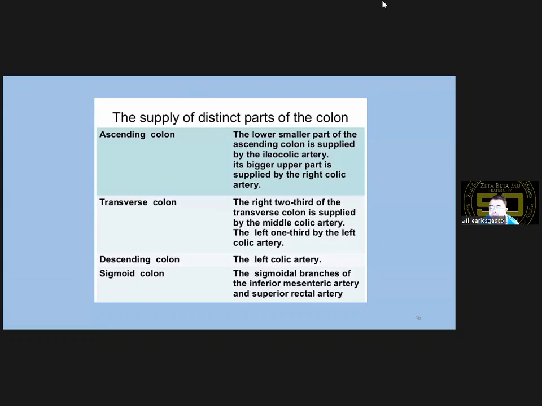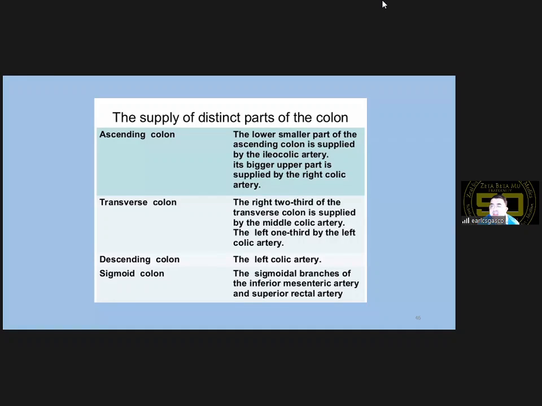Okay, so descending colon, left colic artery, again a branch of the IMA. While for the sigmoid colon, we have the sigmoidal branches of the inferior mesenteric artery and the superior rectal artery. Okay, these are the specific branches for the specific areas of the colon.